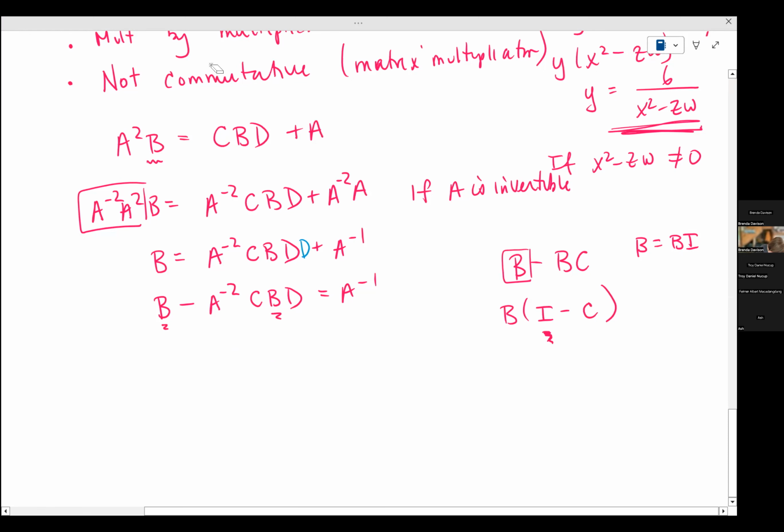I'll change the color. I'm going to do it in the next line down. I want to multiply through by d to the minus 1 on the right in this case. So I have b d to the minus 1 minus a to the minus 2 c b equals a to the minus 1 d to the minus 1.